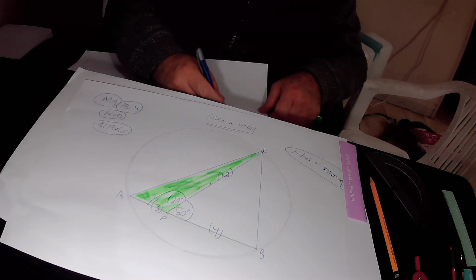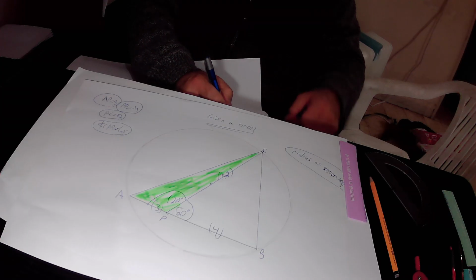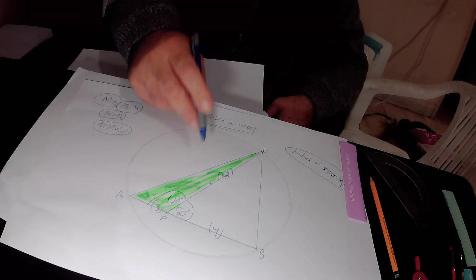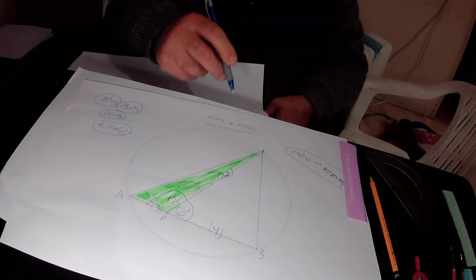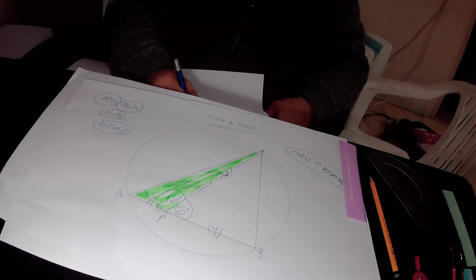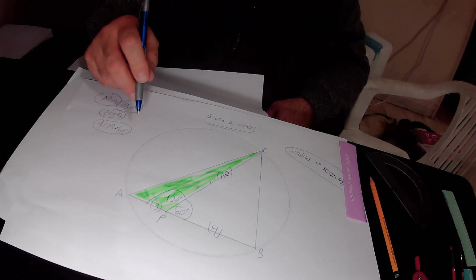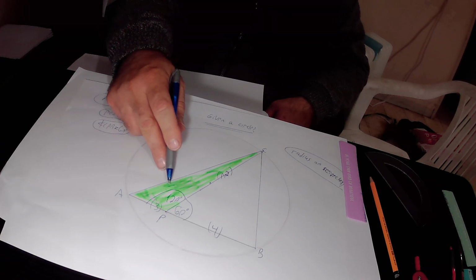AC square equals AP square plus CP square minus 2 times AP times CP times cosine 120 degrees.